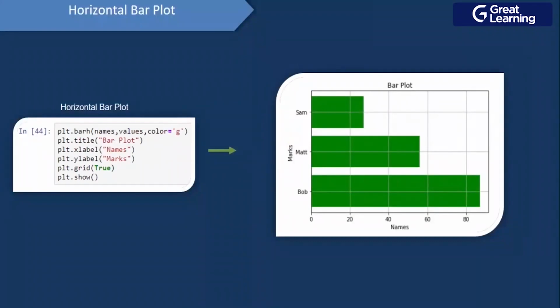Now after this, we can also create a horizontal plot. So the plot which we had created earlier was a vertical plot. So here we are basically doing two things. If we have to create a horizontal bar plot, we have to use barh instead of using just bar, and we are adding a color as well.